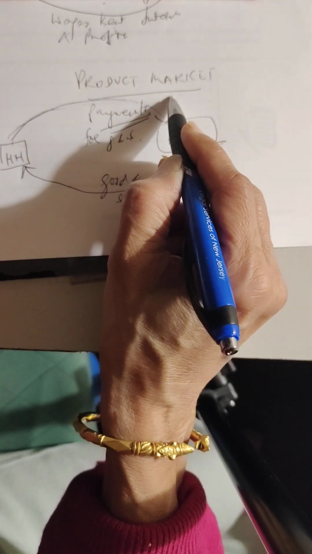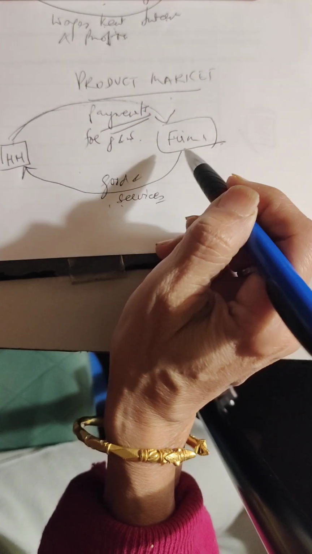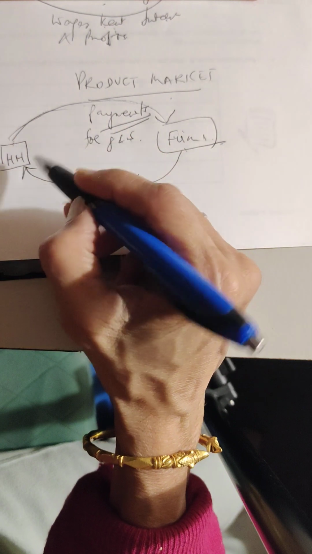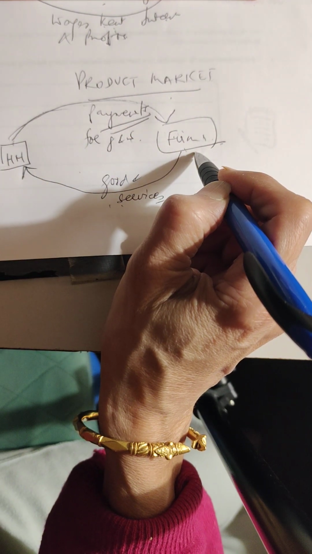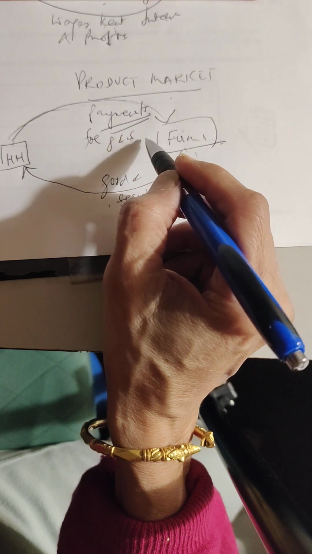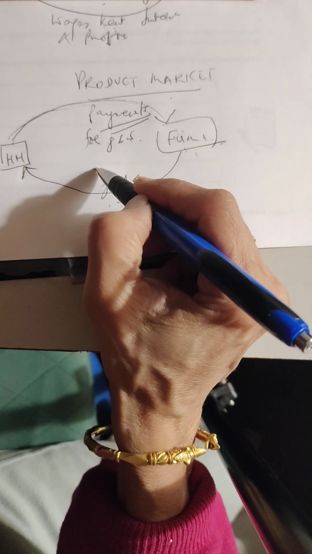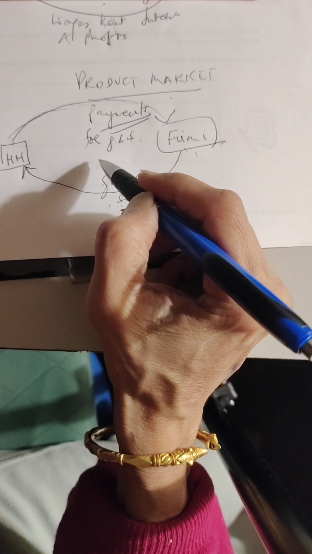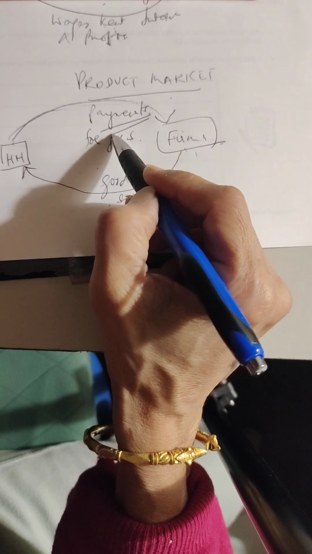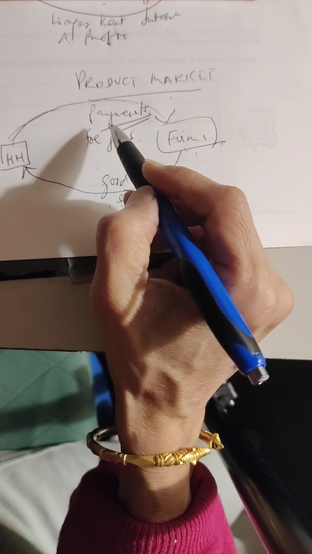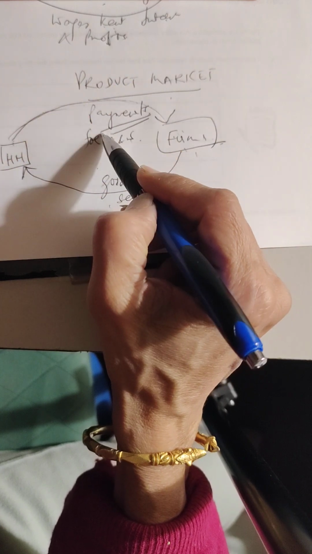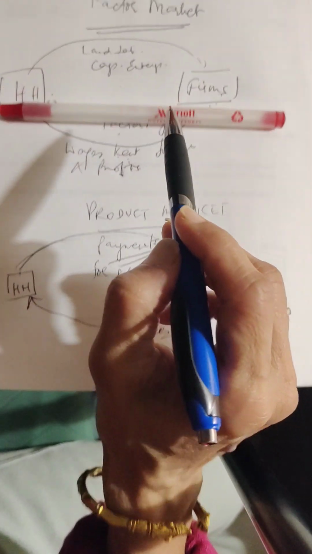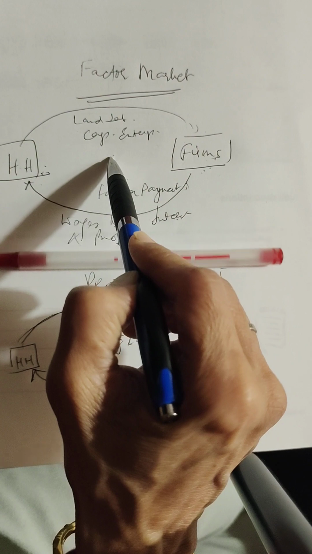So product market, you have again circular flow, households and firms. Is that right? So basically this is it. We've talked about the real flow, we talked about the money flow, we talked about the product market, and we also talked about the factor market.